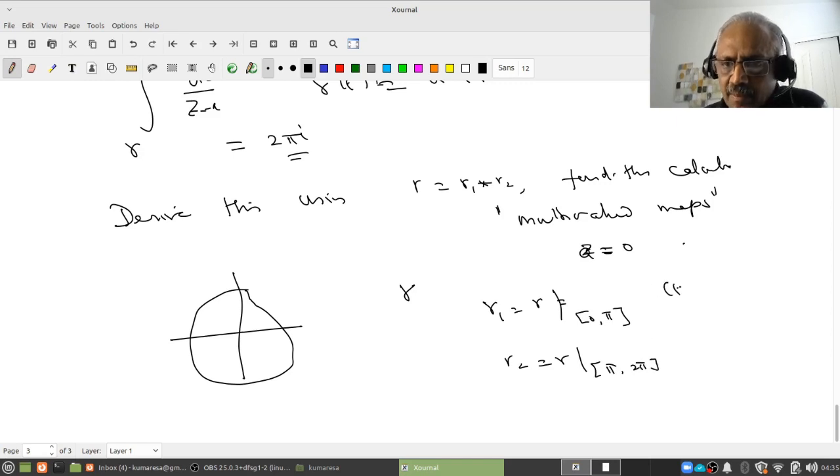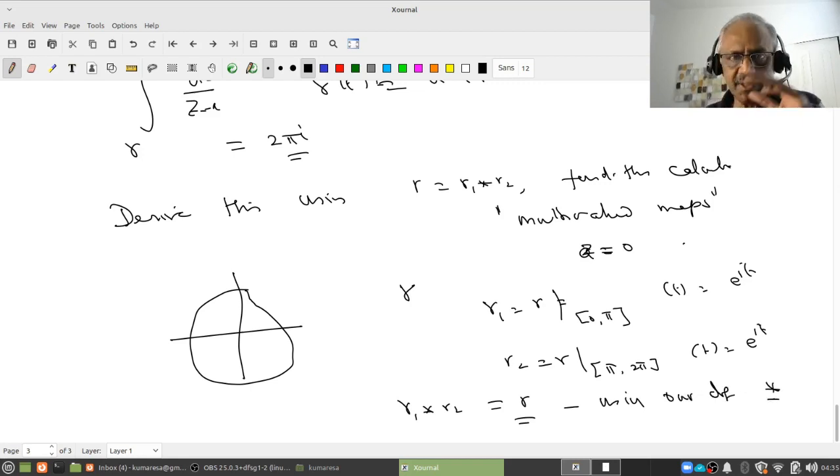The map is gamma 1(t) equal to e power i t. Here also gamma 2(t) equal to e power i t. Now if you notice, you will see that gamma 1 star gamma 2 is nothing other than gamma, using our definition of the juxtaposition of two paths.